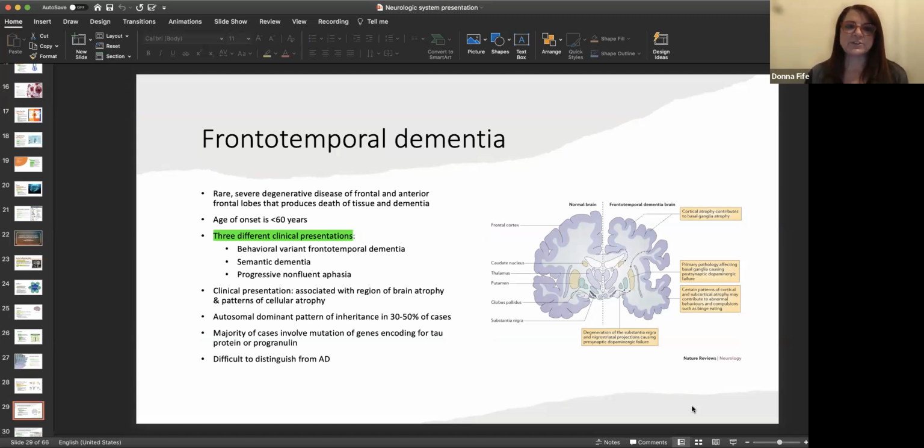Clinical presentation is associated with the region of brain atrophy and patterns of cellular atrophy. There's an autosomal dominant pattern of inheritance in about 30 to 50% of the cases. The majority of cases involve mutations of genes encoding for the tau protein or progranulin. And this is often difficult to distinguish from Alzheimer's disease.